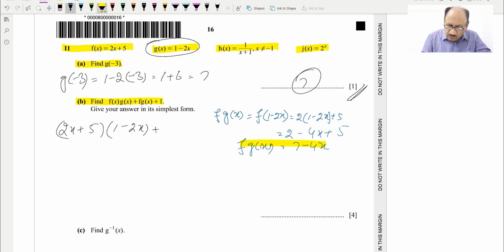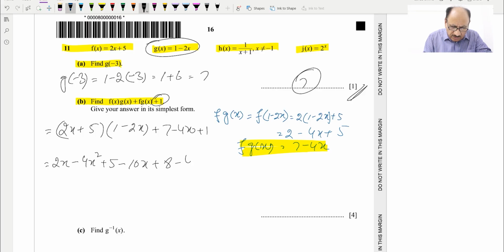This value I'm using over here, 7 minus 4x, and ending with plus 1, I'm writing here plus 1, and this is equal to, we will be multiplying this. 2x into 1 will be 2x, 2x into minus 2x will be minus 4x square, and 5 into 1 is plus 5, and 5 into minus 2x will be minus 10x, and 7 plus 1 will be plus 8 and minus 4x.